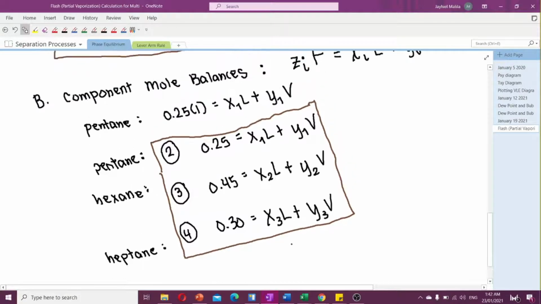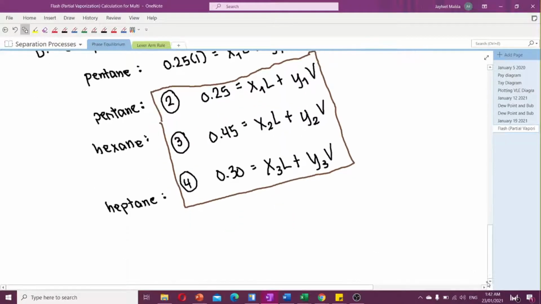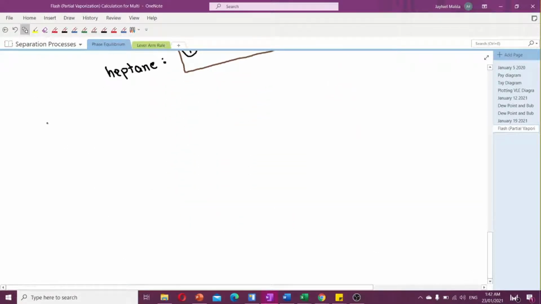The next part of our set of equations, we can use Raoult's law. For Raoult's law, we need to use the values of the K factors.